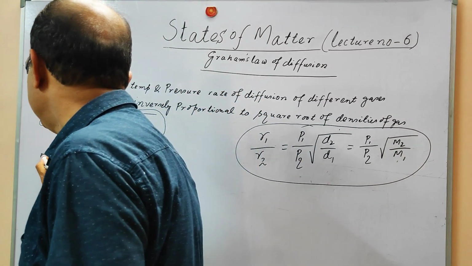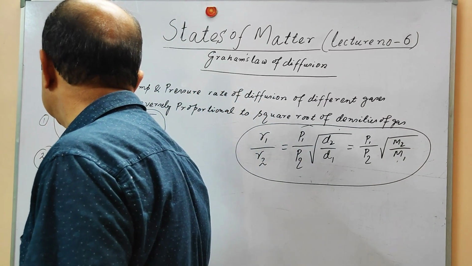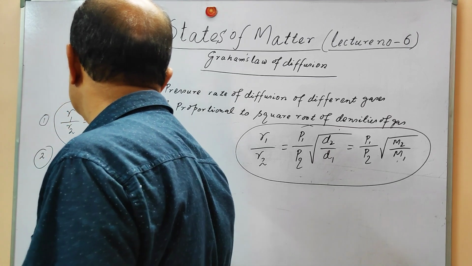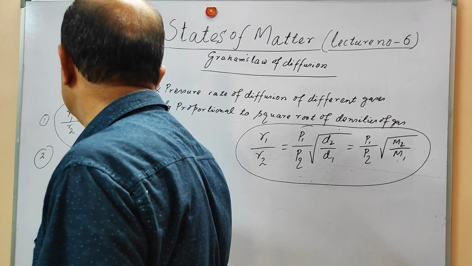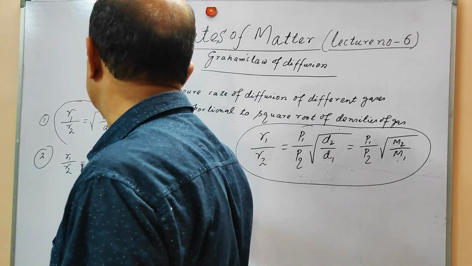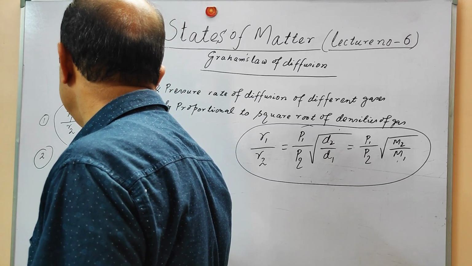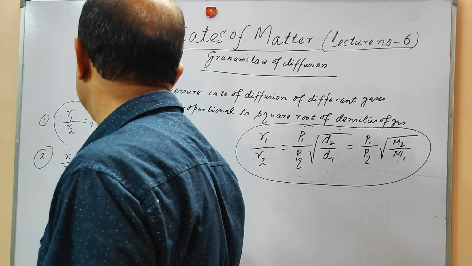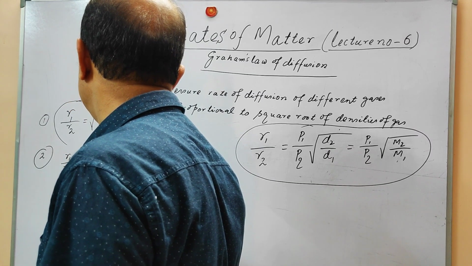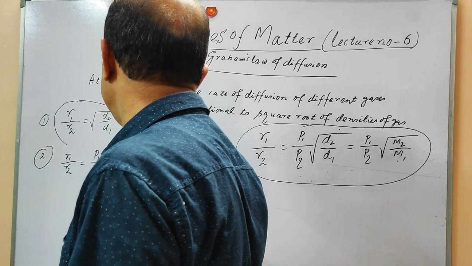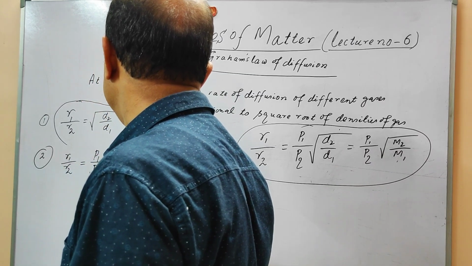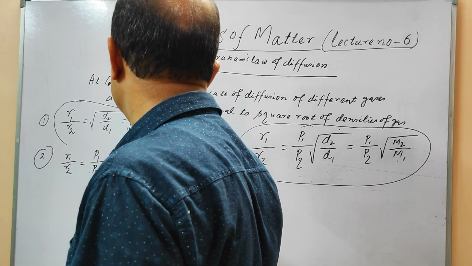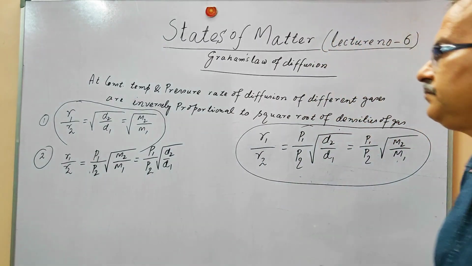This is the second formula that we must remember: R1 by R2 is P1 by P2 into M2 by M1, or we can write P1 by P2 into D2 by D1.